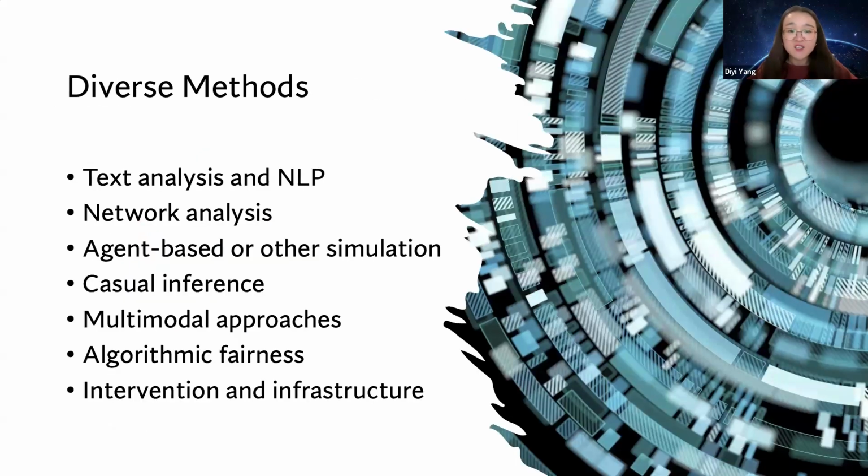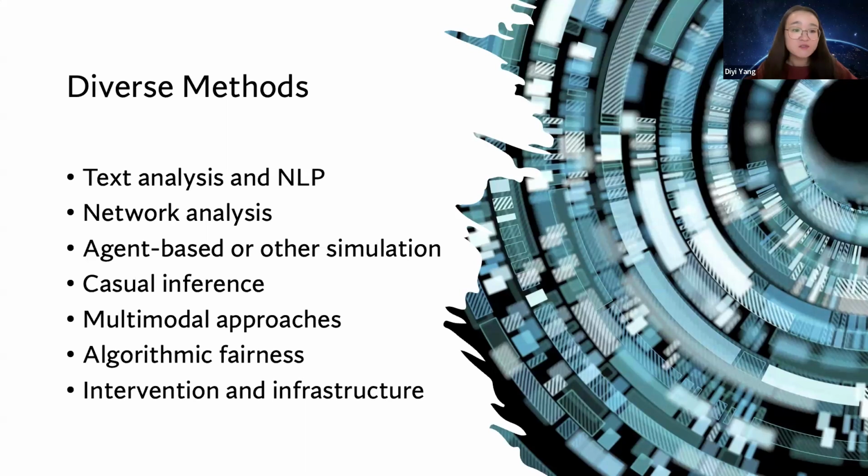From a text analysis perspective, we can see that in addition to network analysis, you can perform agent-based simulations or utilize causal inference. You can use not only text, but also audio or image from a multimodal approach aspect.